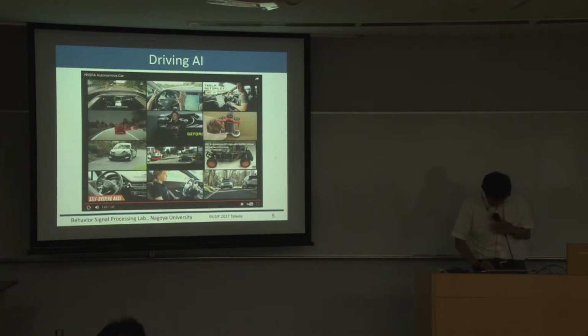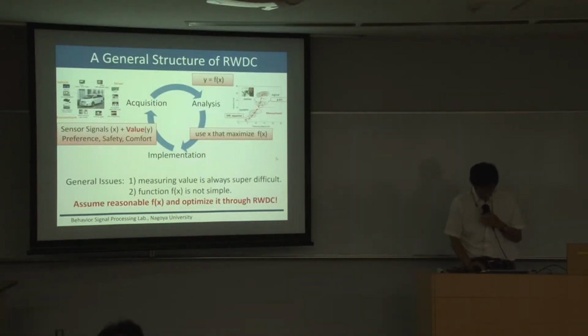Okay. So in the next slide, again, I map real-world data circulation onto the development of such an AI for driving. Data acquisition is now easy. We can install a lot of sensor modalities or sensing devices onto the vehicle.